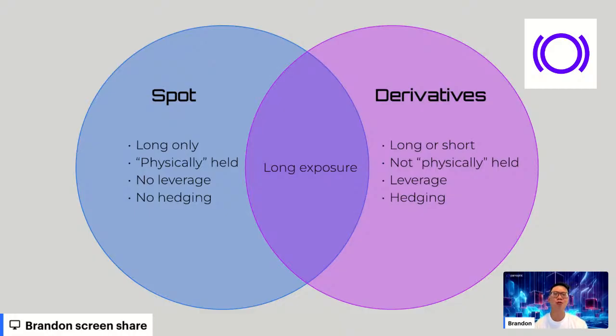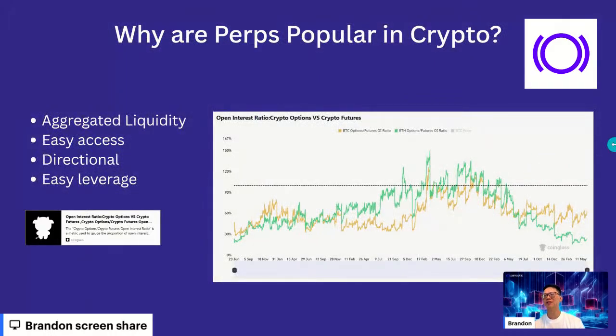You don't actually have to hold the asset, which means you can trade the price without the regulatory concerns for some industries to actually have to hold ETH, for example. They give you leverage. For every $10 the price goes up, you can make $1,000 if you're 100x leveraged, right? And they let you hedge. They let you do stuff that you can't do when you just buy ETH. So people care a lot about derivatives.